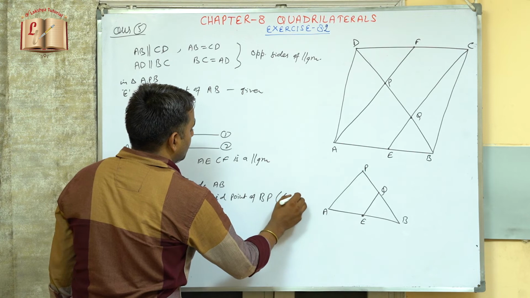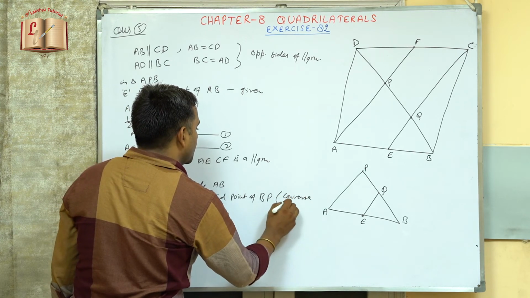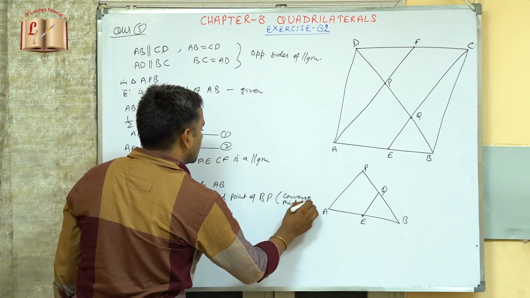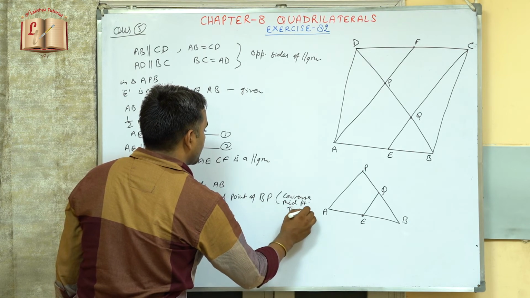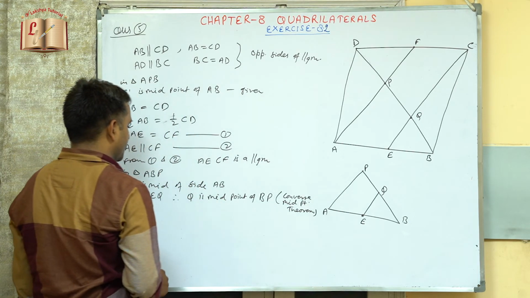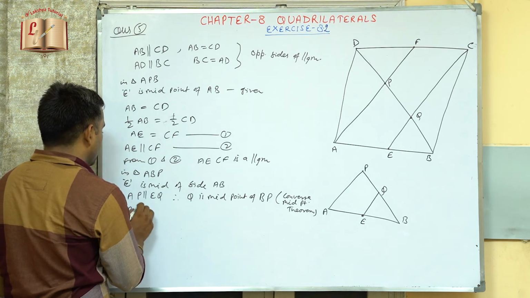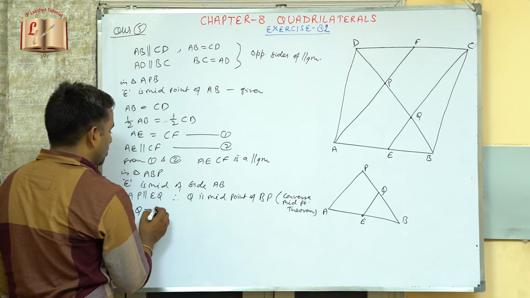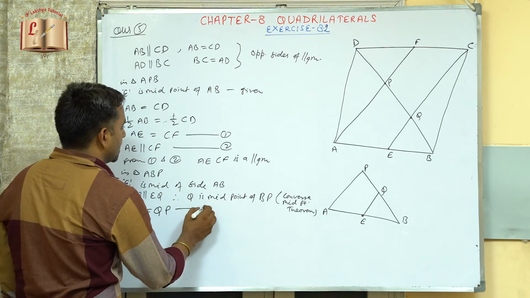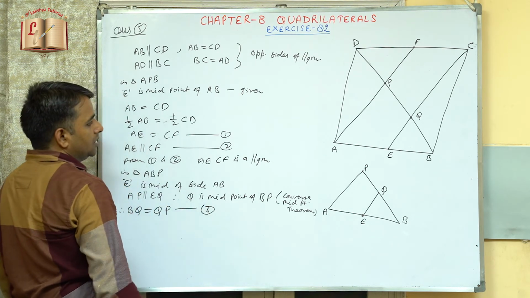This is by the converse midpoint theorem. So I can write, therefore BQ will be equal to QP. This is equation number 3.